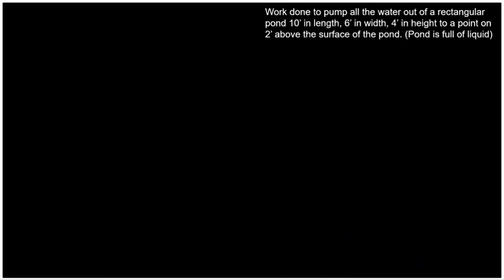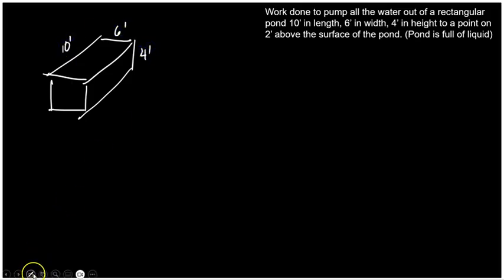Now let's try setting this up. Work done to pump all of the water out of a rectangular pond 10 by 6 by 4 to a point 2 feet above the surface of the pond. And then the pond was originally filled with liquid. So again, let's draw. If the pond was originally filled with liquid, it's 10 by 6 by 4.